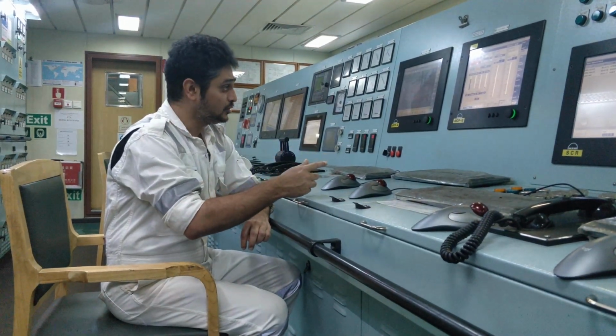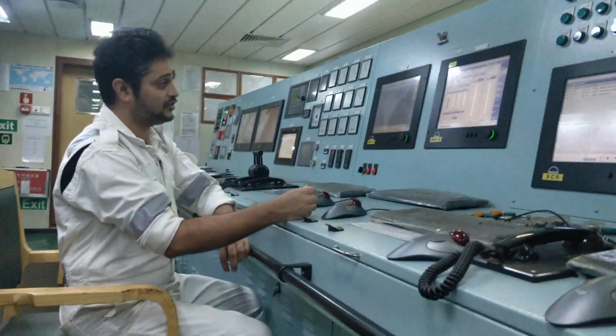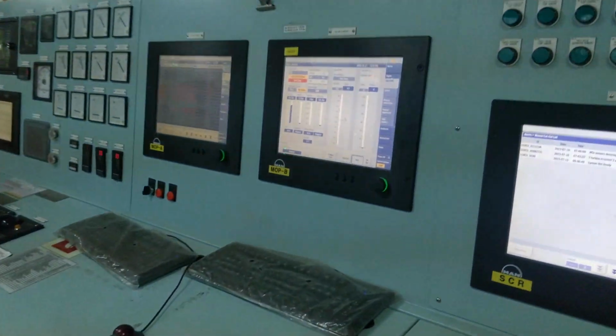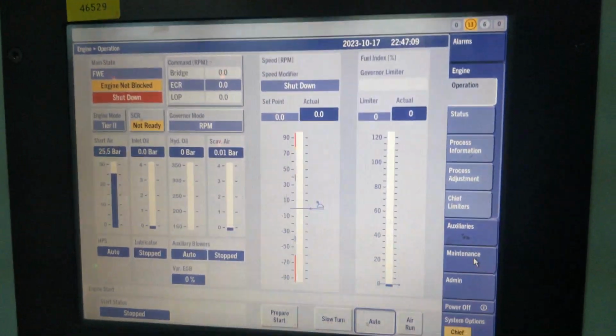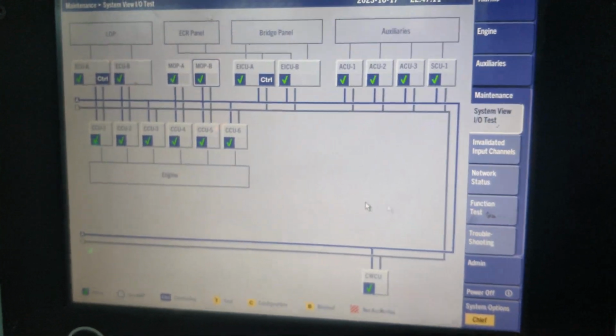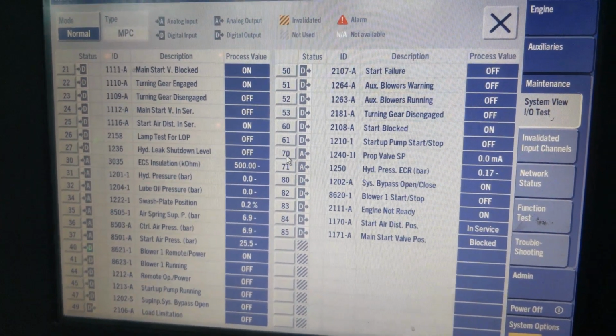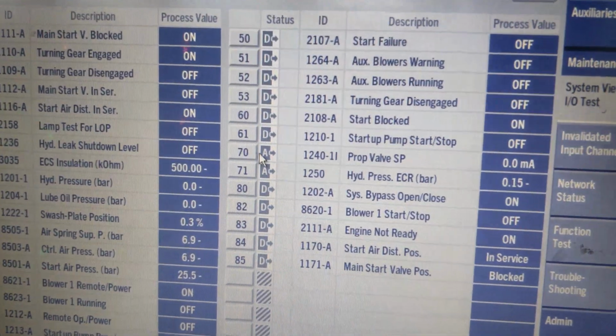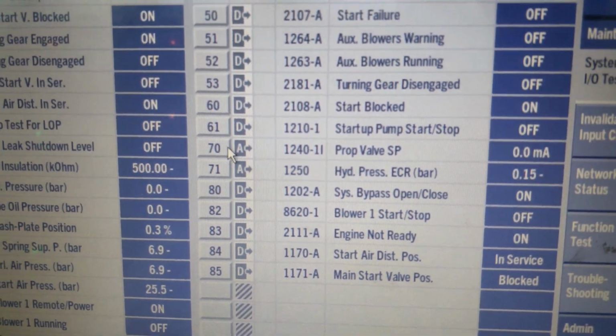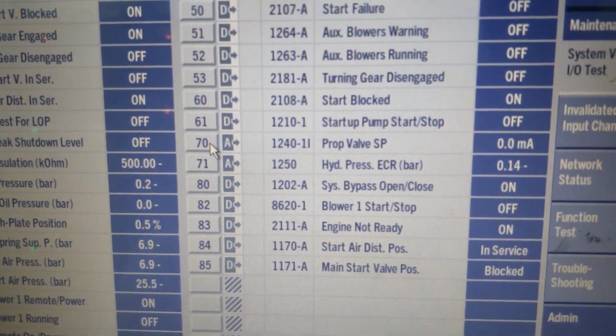Once the ACU receives the signal from the ECU, if you go to ACU1, this is channel number 70. Analog output is going from the MPC of ACU1.